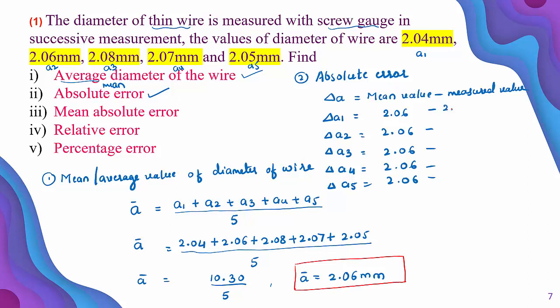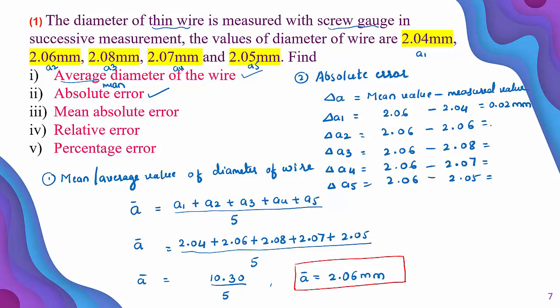Substitute here 2.04, 2.06, 2.08, 2.07, 2.05. Now easily we can find absolute error in each measurement. 2.06 minus 2.04 is how much? 0.02 millimeter. We have to write its unit.